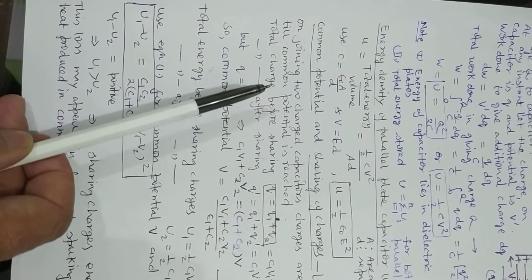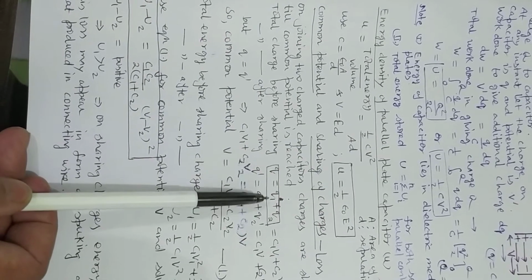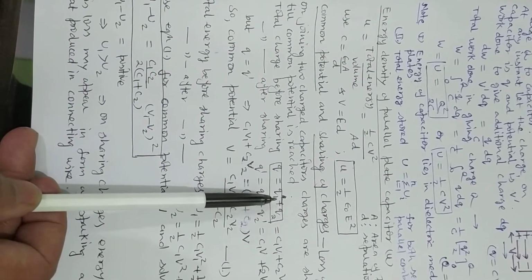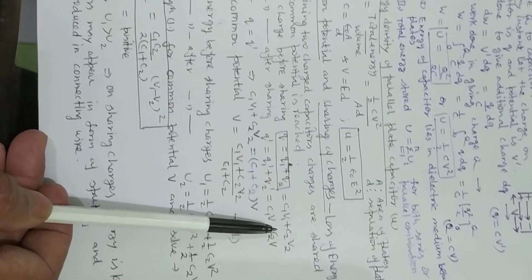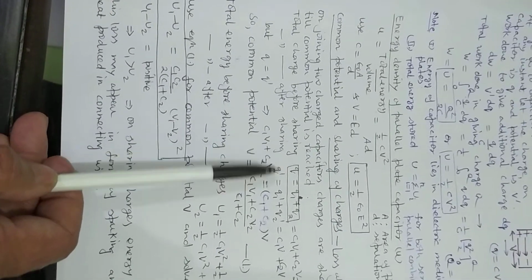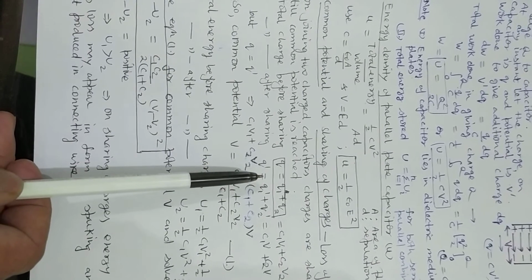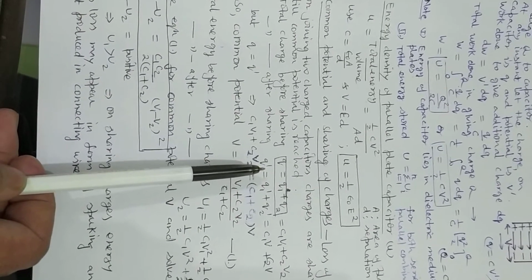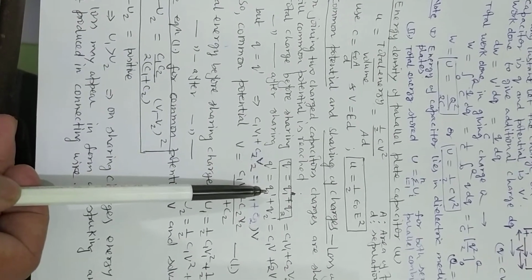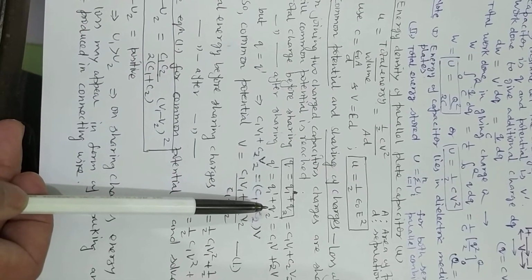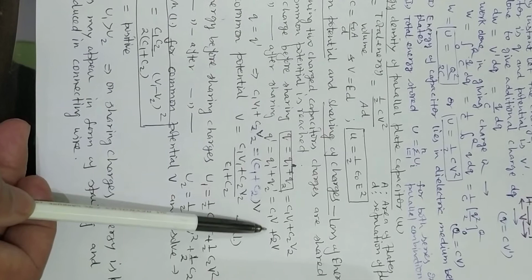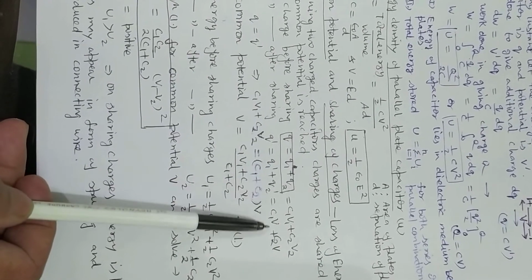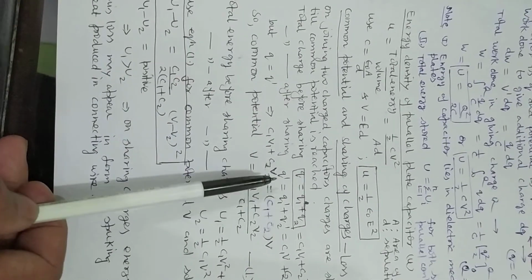However, the total charge before sharing, we will have Q1 plus Q2, so we will have C1 V1 plus C2 V2. And after sharing, we will have Q dash, again the total charge of the system, Q1 dash plus Q2 dash. Potential now becomes the same, so Q1 dash is C1 V and Q2 dash is C2 V.